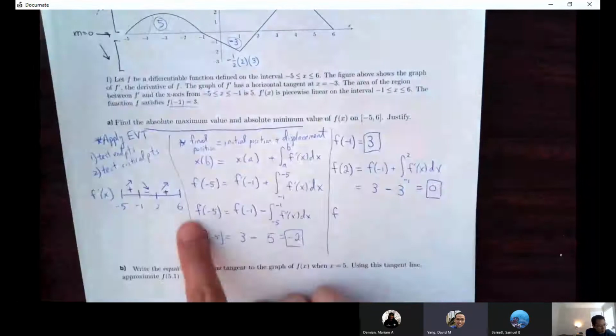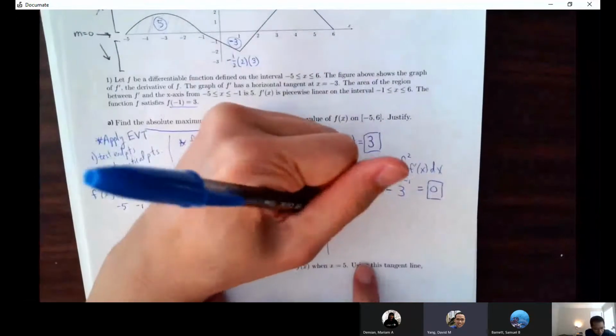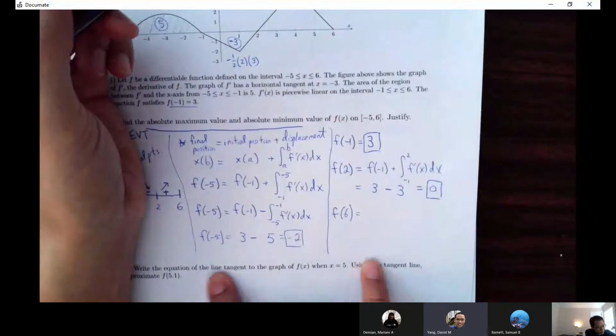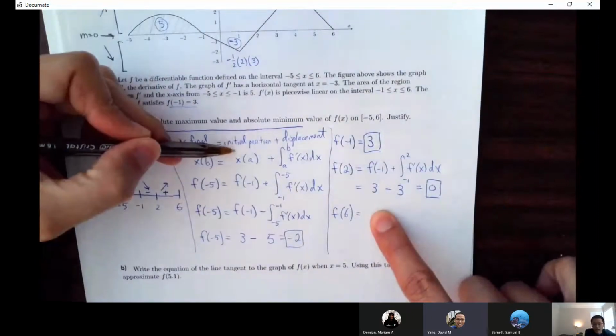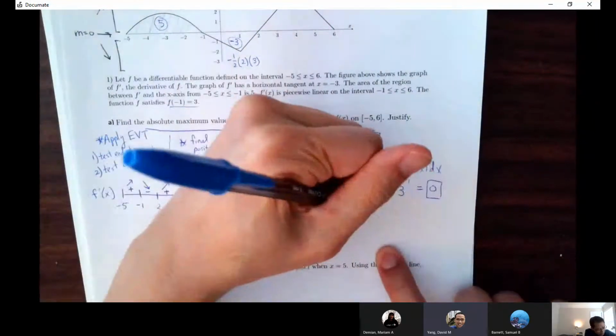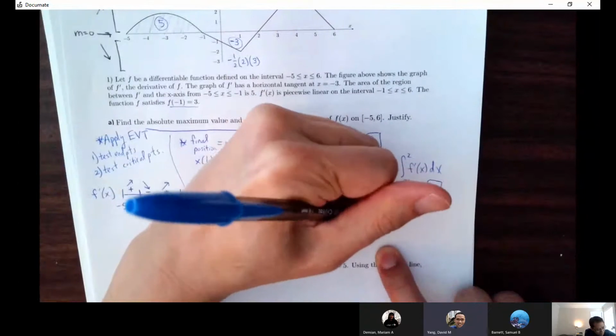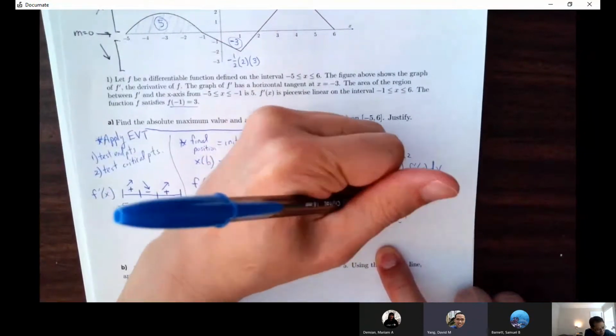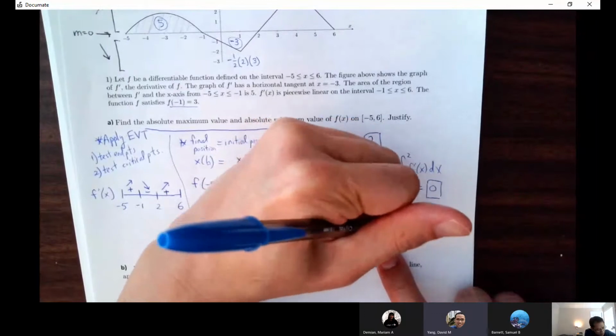Finally, our last endpoint, f of 6. We start at f of -1 again, plus the integral from -1 to 6.